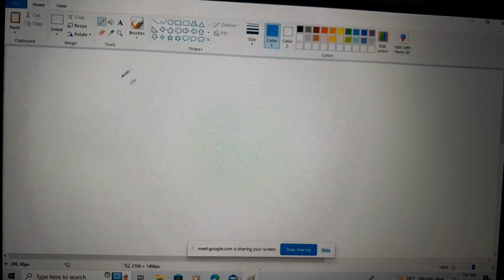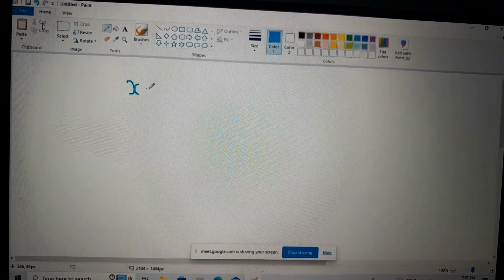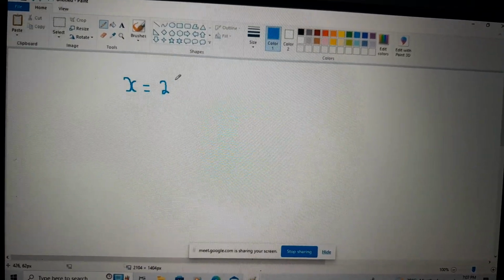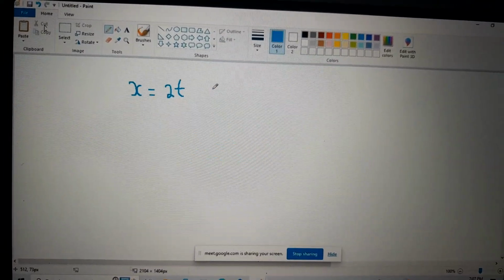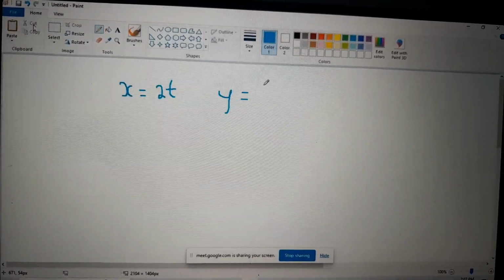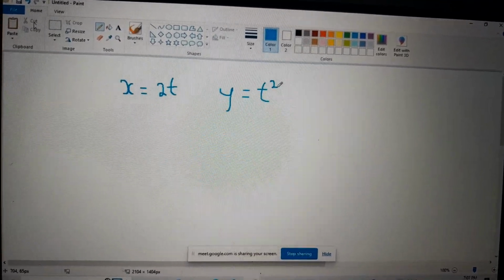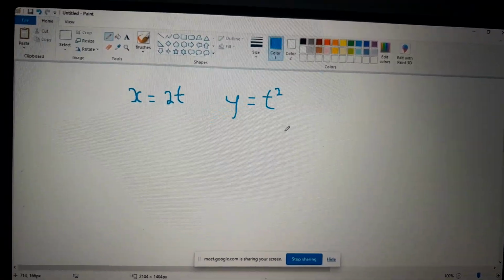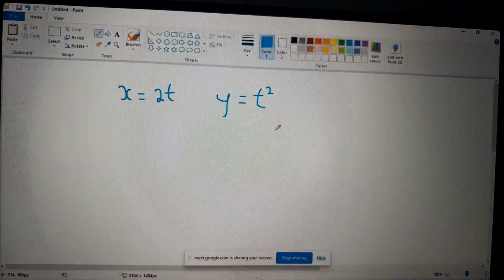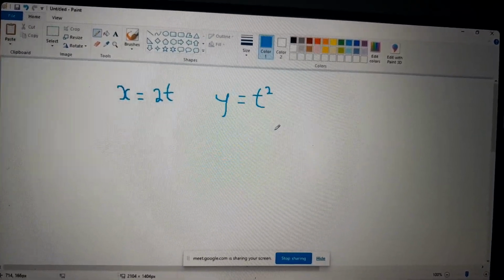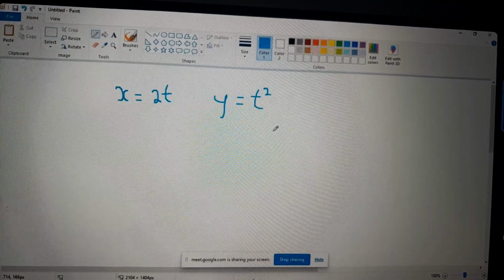So for example, you might see x is equal to 2t and y is equal to t squared. This is an example of a parametric curve where the x value can be found separately and the y value can be found separately as well.